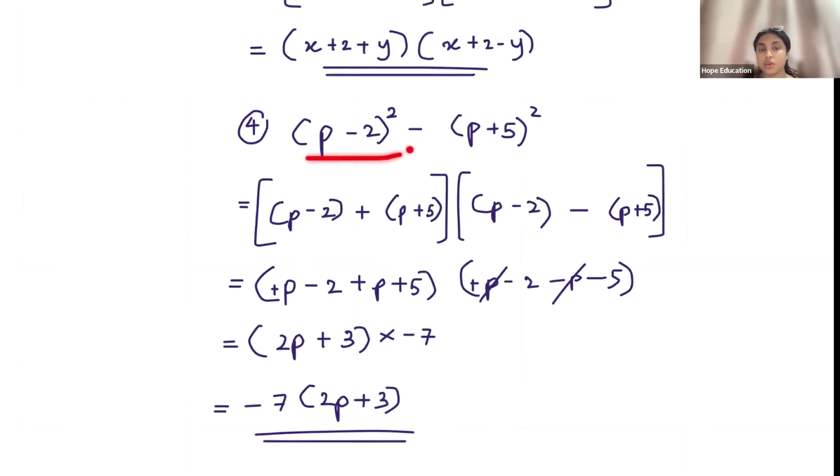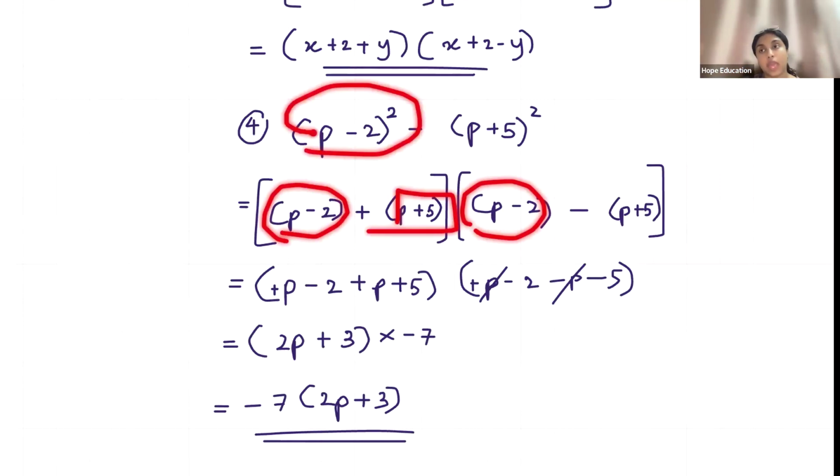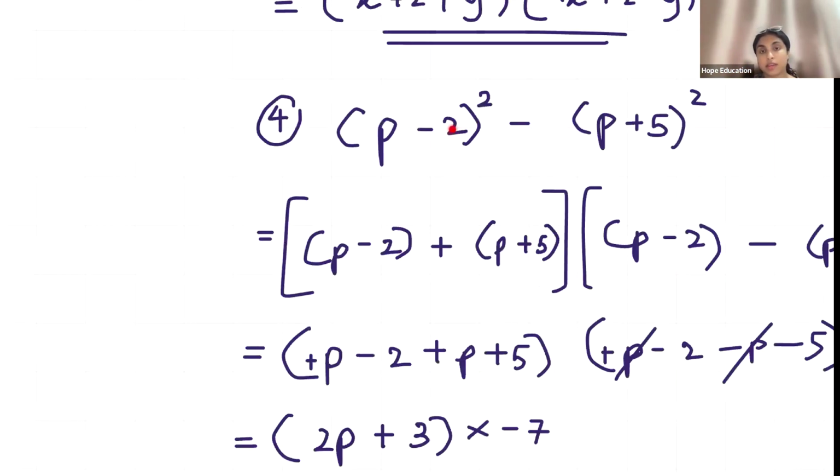Here P minus 2, P minus 2, P plus 5. You mean this itself is a square? Yes. We cannot write it separately, because P minus 2, that entire unit is a square. But this is not P squared and 2 squared. That's just P minus 2 squared.